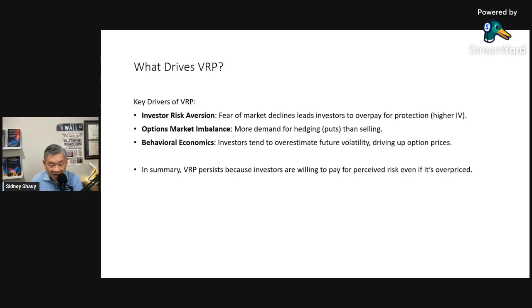They prefer to get insurance to make sure they're not going to be exposed to losses, whereas the option seller is taking the pain, right? He's taking the risk, so he has to be compensated for that, and usually the investors are okay with it.